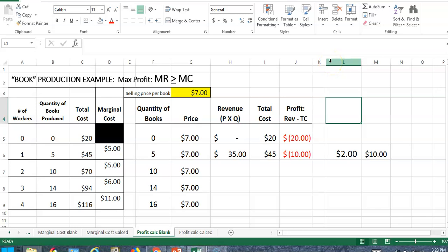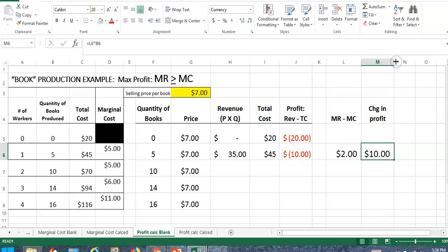So this is the marginal revenue minus marginal cost at that level of production, and this is that number: the change in profit if we make those extra books. So it goes up by 10 bucks. So we're $10 better off.